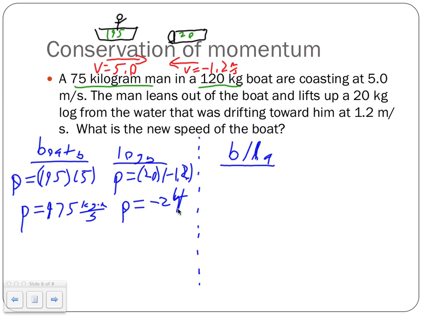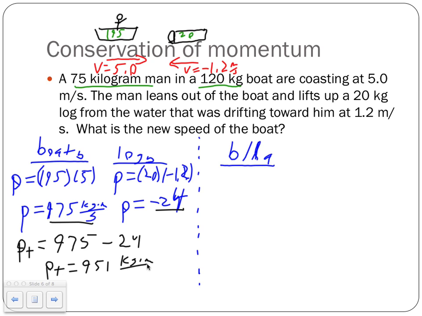The total momentum should be the sum of our two individual momenta, so P total should equal 975 minus 24. And so when we do that, we find the total momentum is equal to 951 kilogram meters per second. Since this is a closed system, that means the total momentum afterwards is also equal to 951 kilogram meters per second.